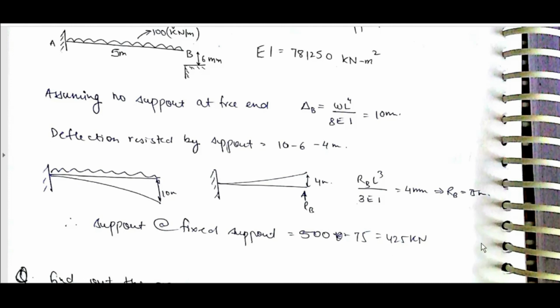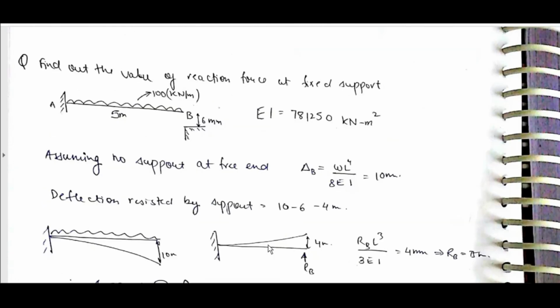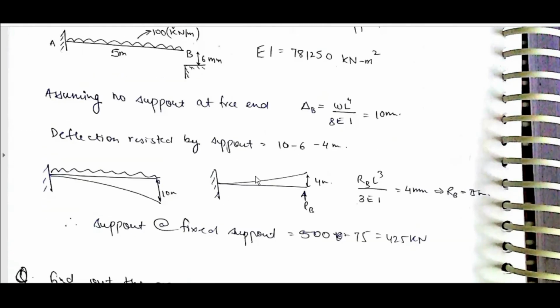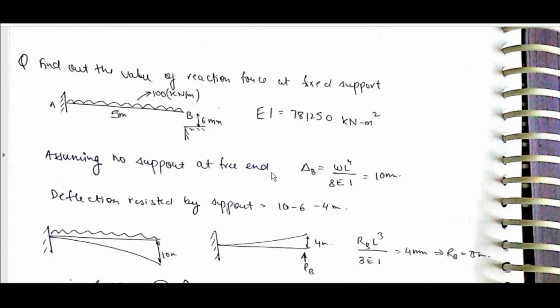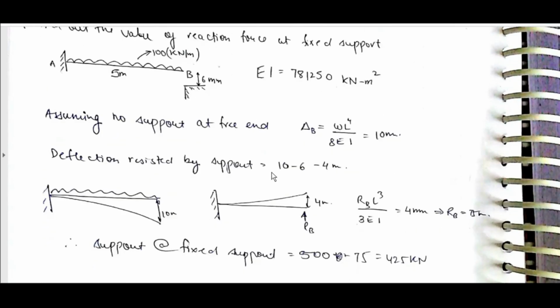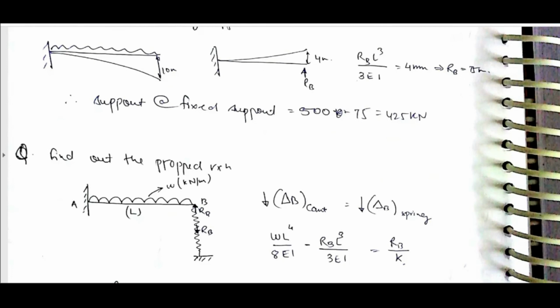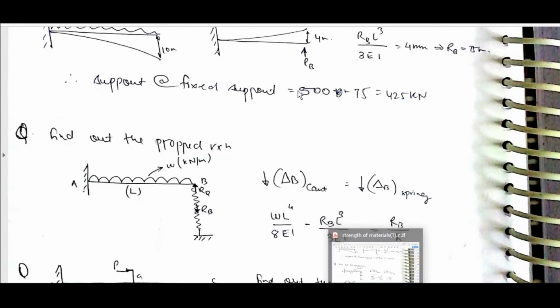Okay, 75 kilonewton. Reaction at fixed support is equal to 500 minus 75 is equal to 425 kilonewton. Just balancing, 100 into 5 minus 75 is equal to 425 kilonewton.